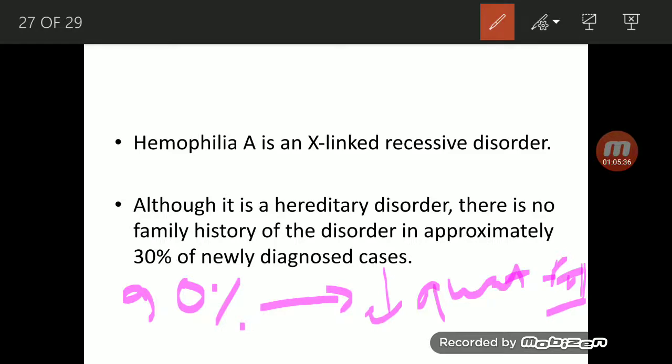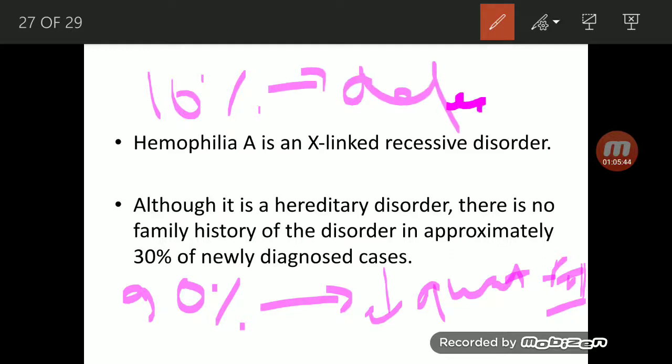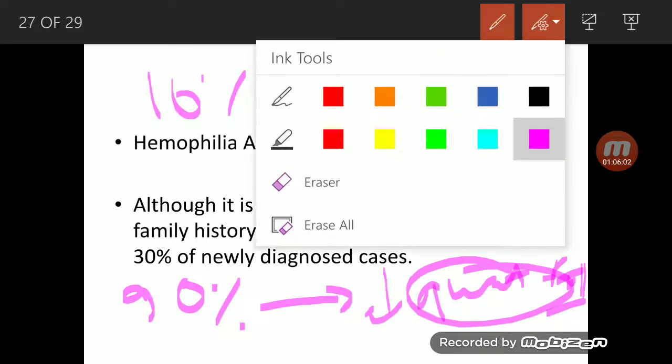That is, factor 8 is being produced in a lesser amount, whereas in 10% of patients a defective factor 8 is being formed.